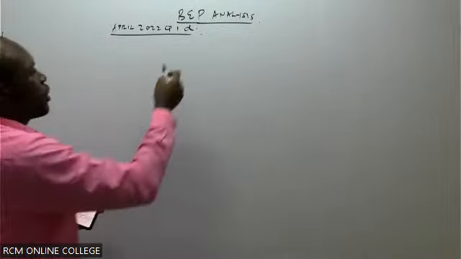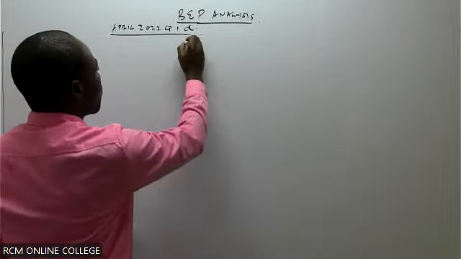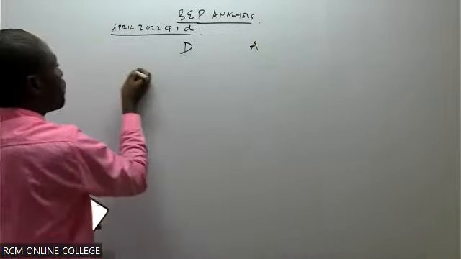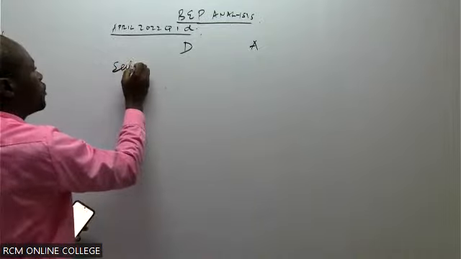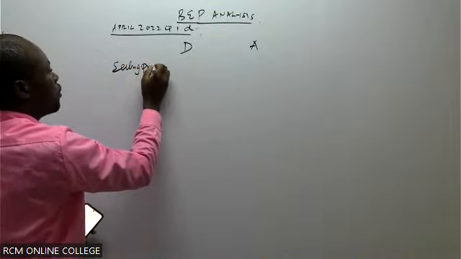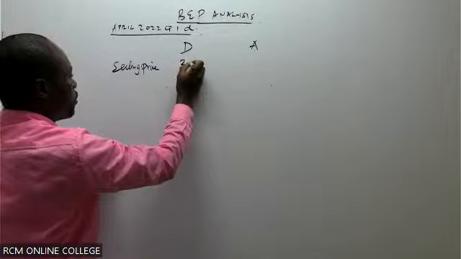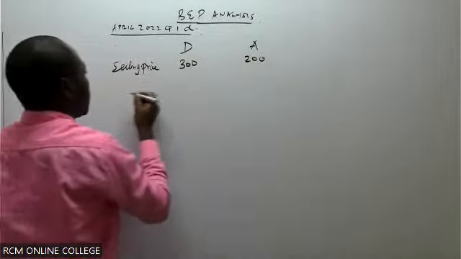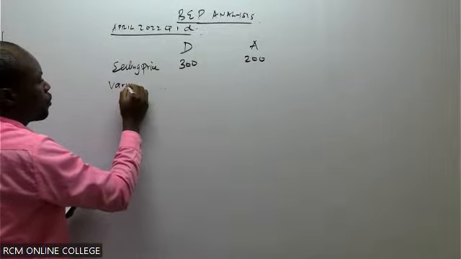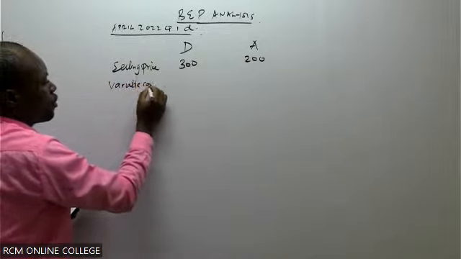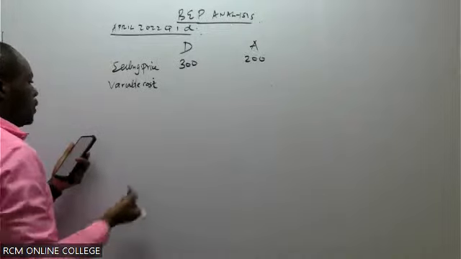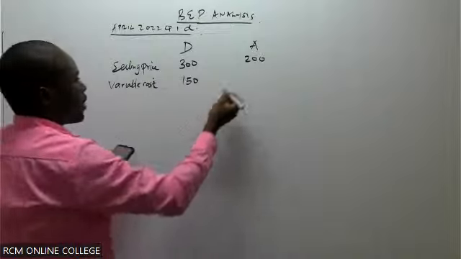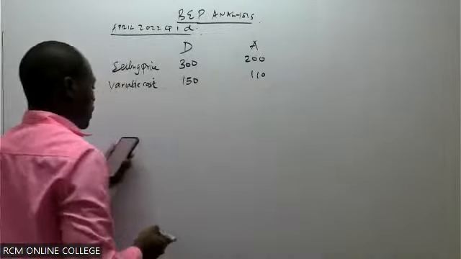So we are going to have product D and product A. Then we have selling price, which is 300 and 200. Then we have variable cost, given as 150 and 110.